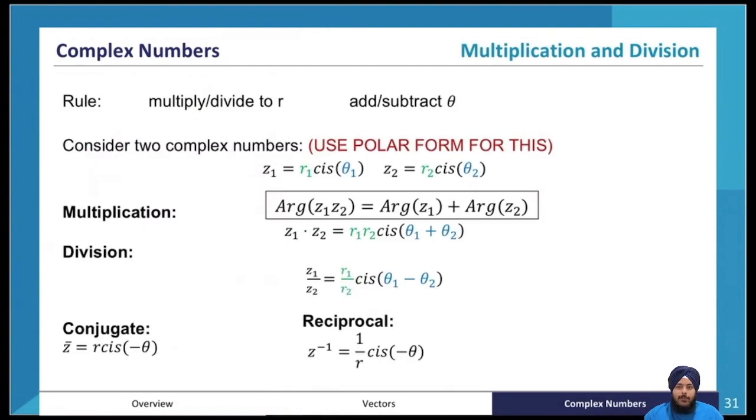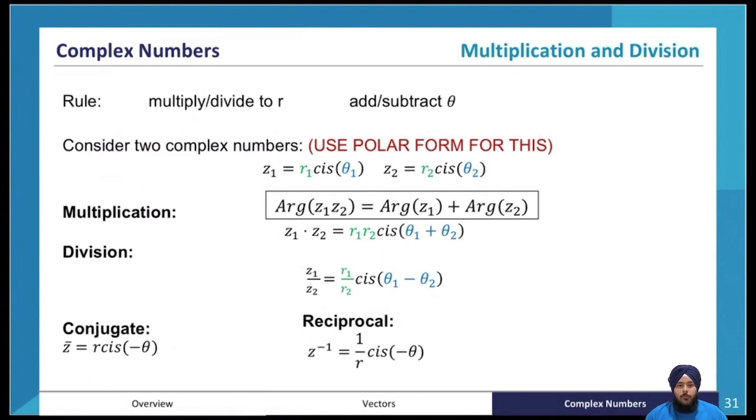Okay, next, multiplication and division. Some guidelines for multiplication and division: always try to do it in polar form if it's possible. If not, then obviously you'll have to use the Cartesian form, which is a bit messy and gets really ugly really quickly.